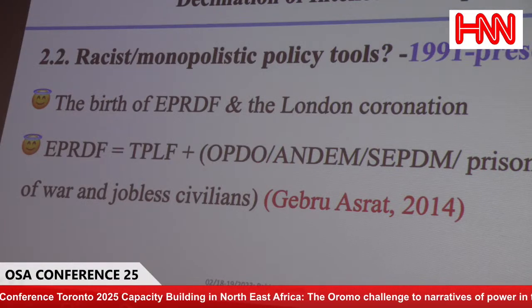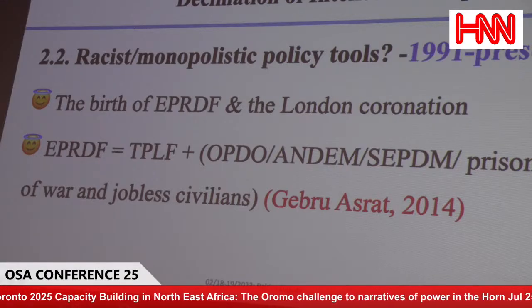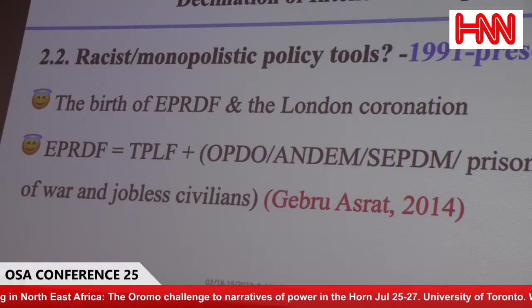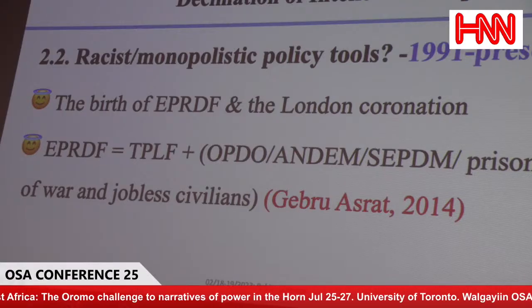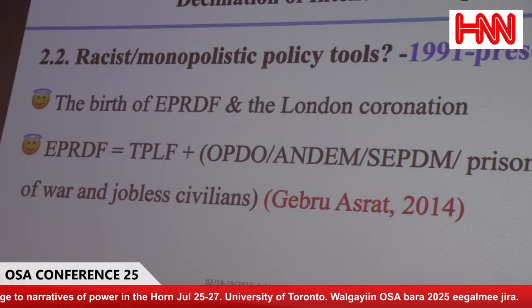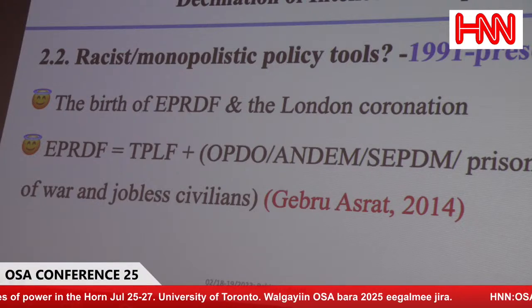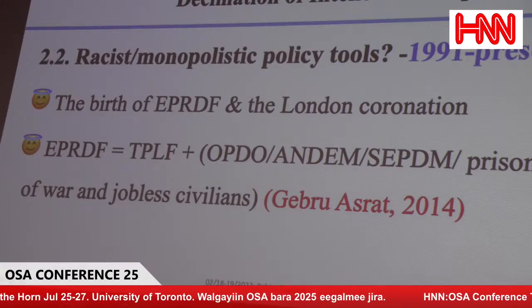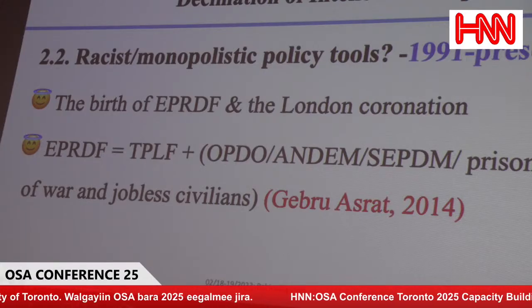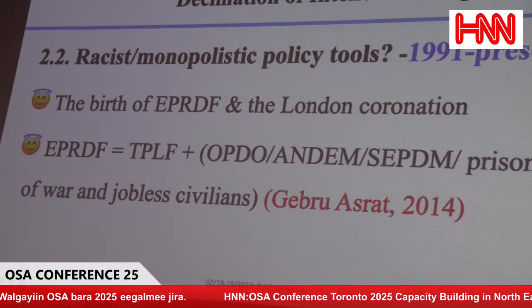That brings us to what happened from 1991 onward. I just gave you a flavor, a bird's eye view of what I want you to understand: the wholesale eradication of Oromos from the Ethiopian scheme. That was done all the way up to that period. And then these guys came.